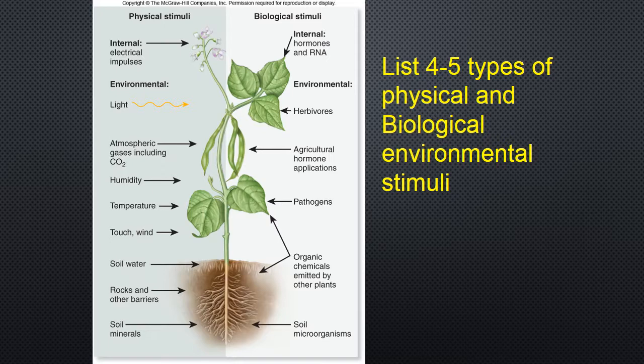So you need to be able to list about 4 or 5 types of physical and biological environmental stimuli. Particularly on the left side, these are physical stimuli. Internally speaking, that would be like an electrical impulse. Environmental would be things like light for our phototropism.